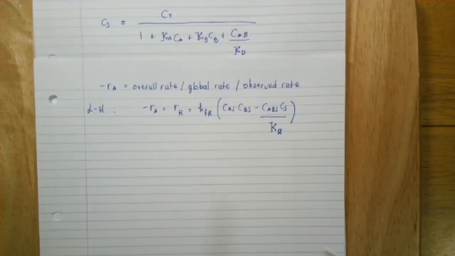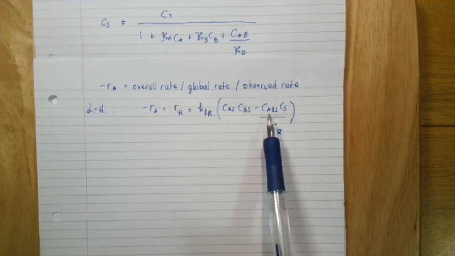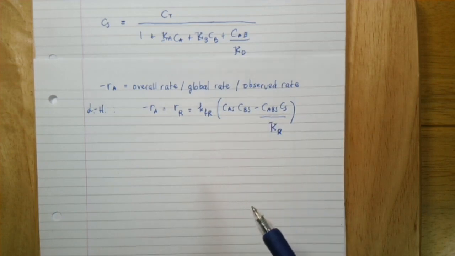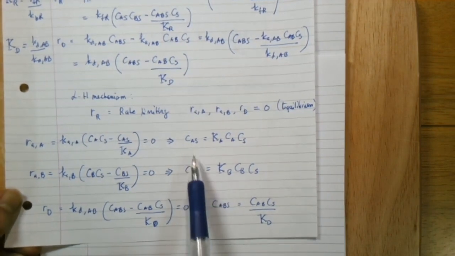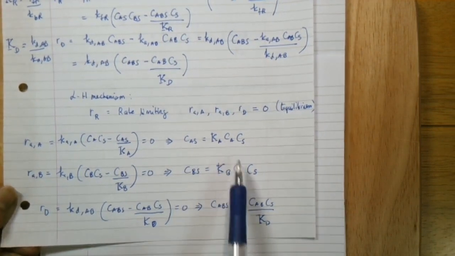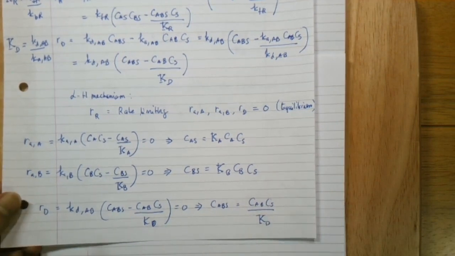I would like to eliminate the surface concentrations and replace them with the bulk concentrations. So earlier, we derived the expressions for the surface concentrations in terms of the bulk concentrations. So I can use them here.